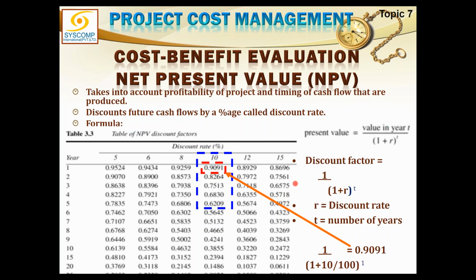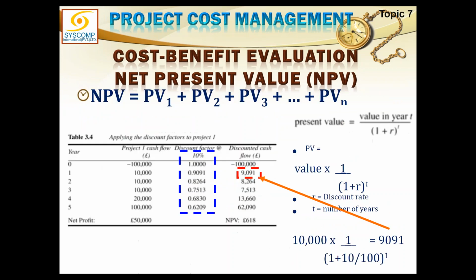Right. So what if I calculate the present values of all the 4 projects which we had discussed earlier? First of all, let's see project 1. The 100,000 rupees I was investing, first year, second year, third year, fourth year, fifth year.